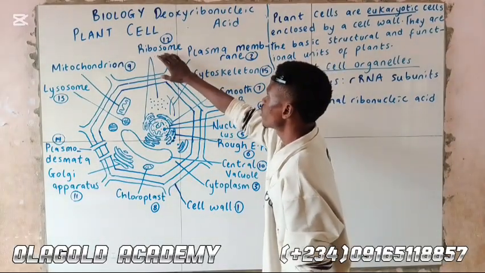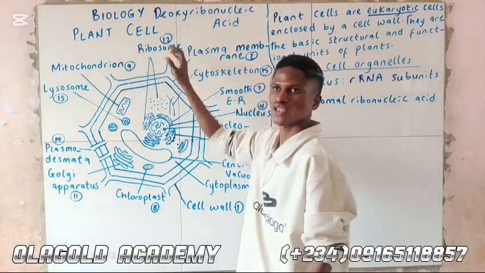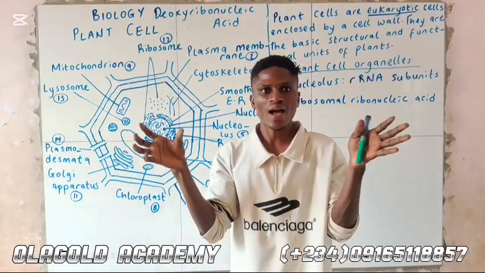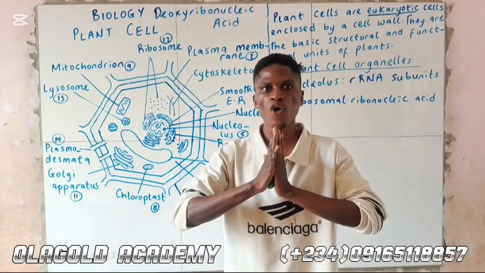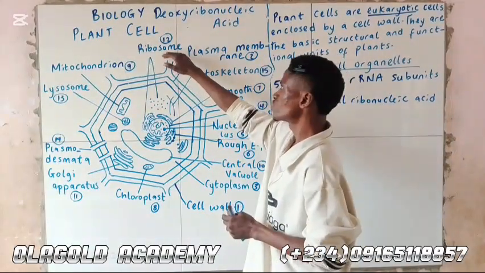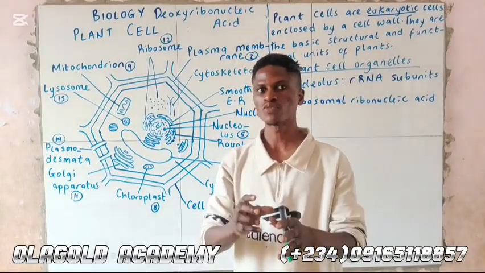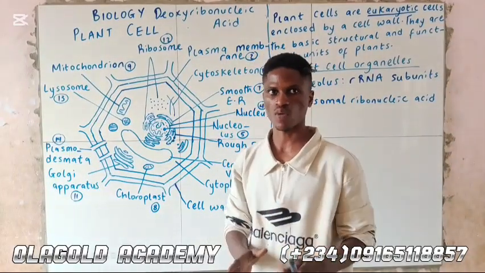Now, what is the function of the ribosome? This ribosome is what brings amino acids together to form proteins. So we say that the ribosome is responsible for protein synthesis of the body or of the cell.